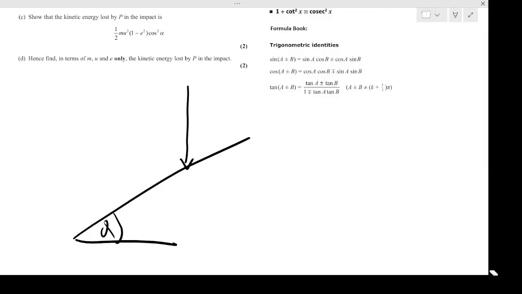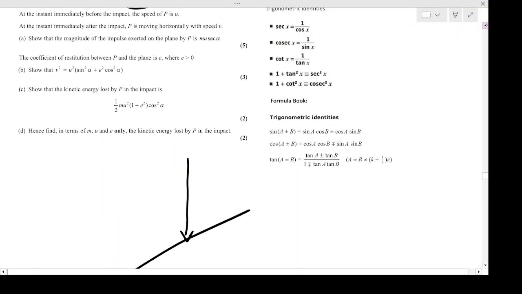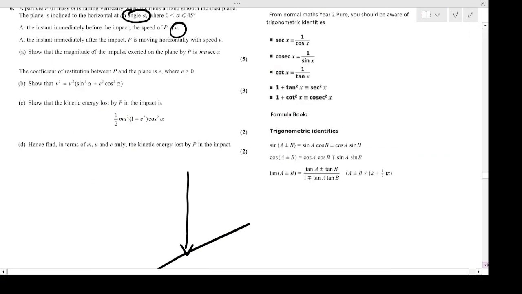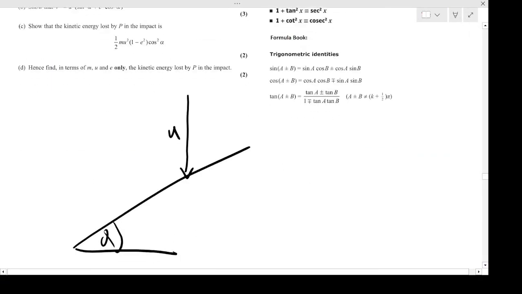Again, we've seen problems like that earlier on in the video, so hopefully you are comfortable with this sort of problem here. Now, the speed initially is u, so it's going to go down with speed u, and then we can split things up like this. So it's going to go down like this and across the slope. Now this angle is going to be alpha here.